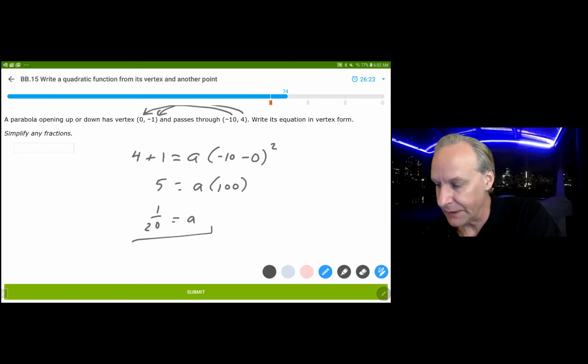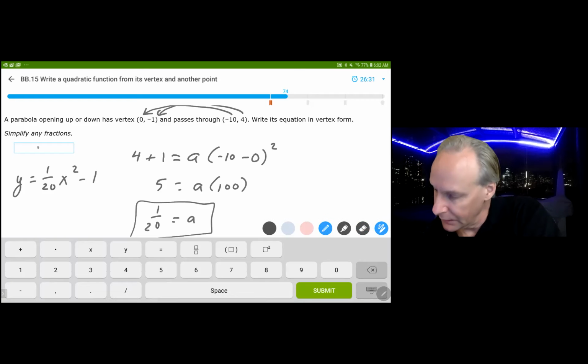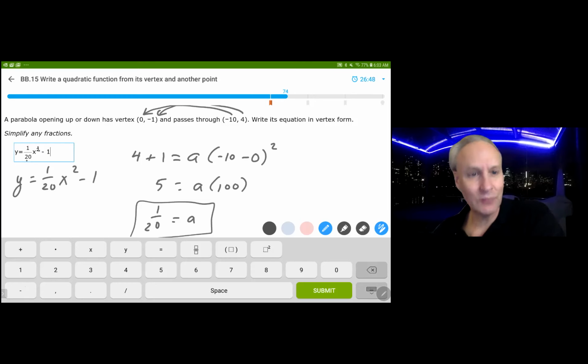I just divided by 100 and reduced. So we get y equals 1/20 x squared minus 1. Oh, got to put the x up in the right location. And don't forget your minus 1. There we go.